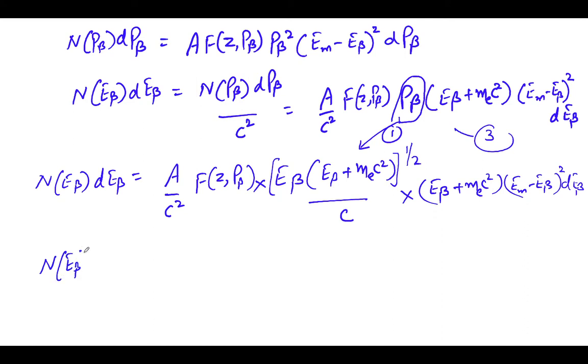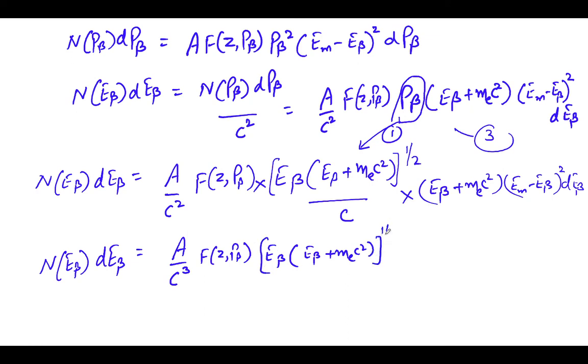So our modified expression for the total number of beta particles emitted per second in this energy range, that is from E_β to E_β plus dE_β, is equal to A over c³ F(Z, p_β) and the whole (E_β plus m_e c²) under root of (E_β plus m_e c²) into dE_β.